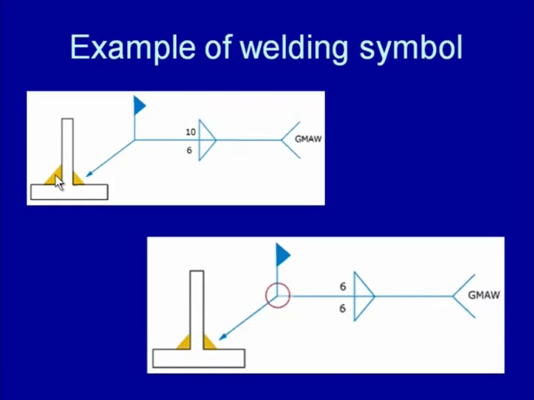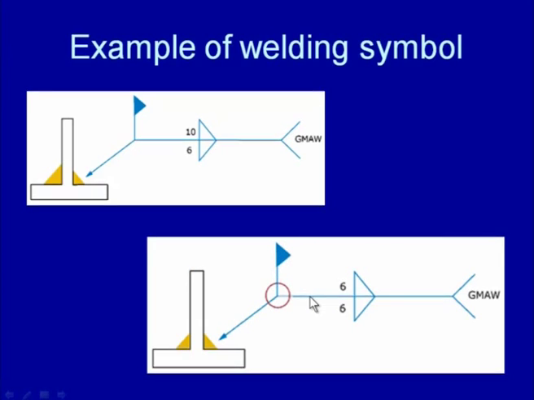Similarly, here is another example, and the flag in this diagram indicates that the weld is to be made in the field. This is another case of the T joint, where information regarding the welding process, the type of weld and the size of weld has been given.